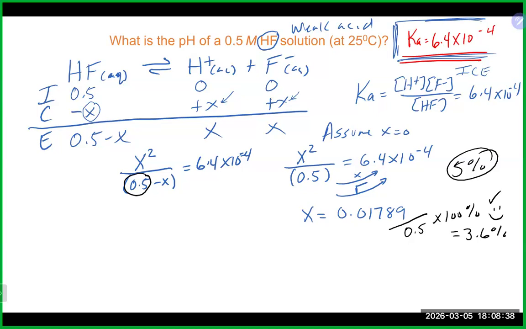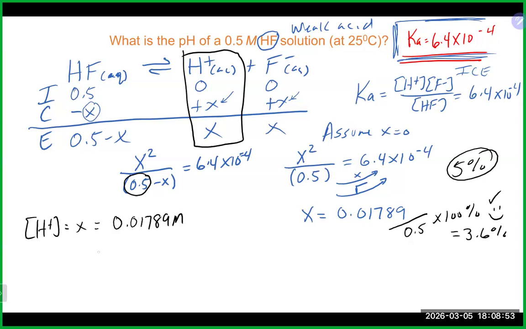All right, so this X value is good, which means for our pH, that is really what we need. We can see that at equilibrium, the H plus concentration equals X, which would equal 0.01789 molar. Now we could go right into our pH.